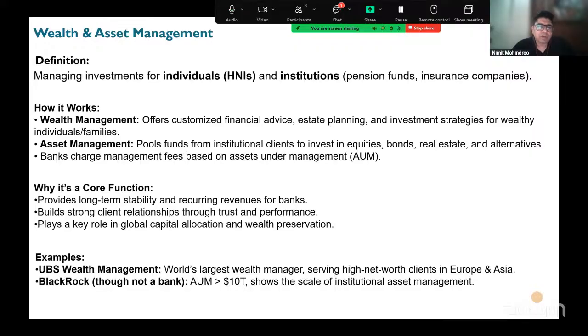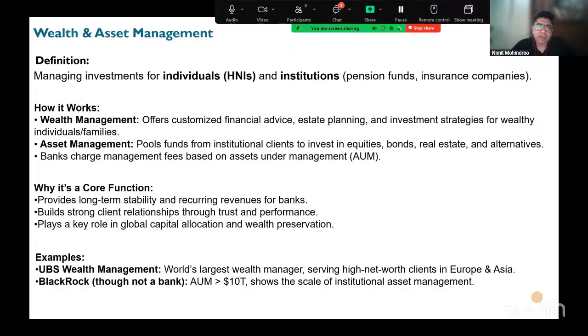So all come under wealth and asset management services offered by investment banks. It offers customized financial advice, estate planning, and investment strategies for wealthy individuals and families also. And asset management pools funds from institutional clients to invest in equities, bonds, real estate and alternatives.